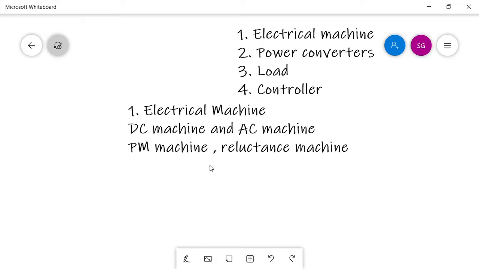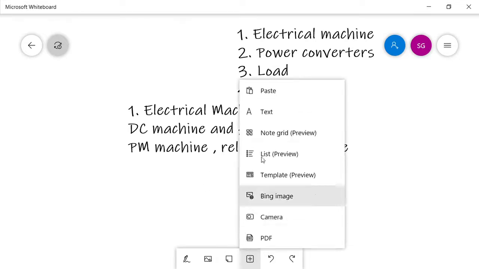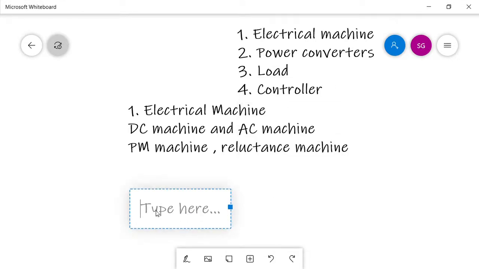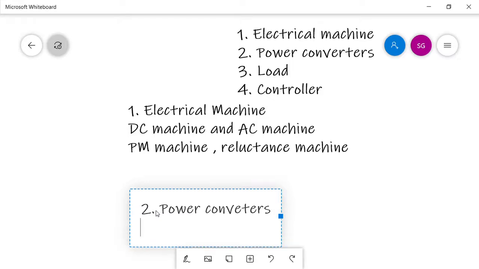Second is the power converter. So what are the power converters? These are basically rectifiers, or you can use choppers, the DC to DC converters.